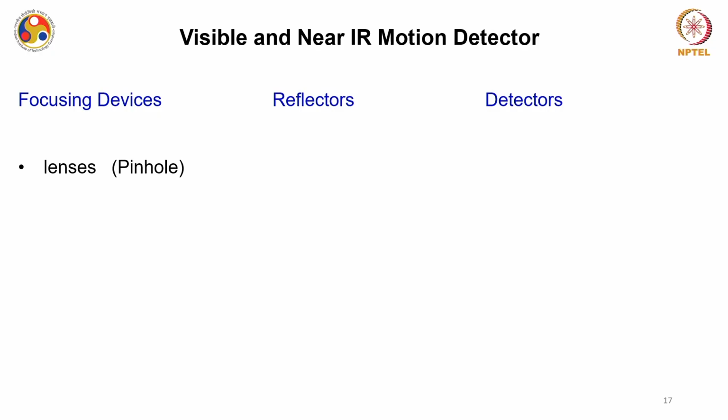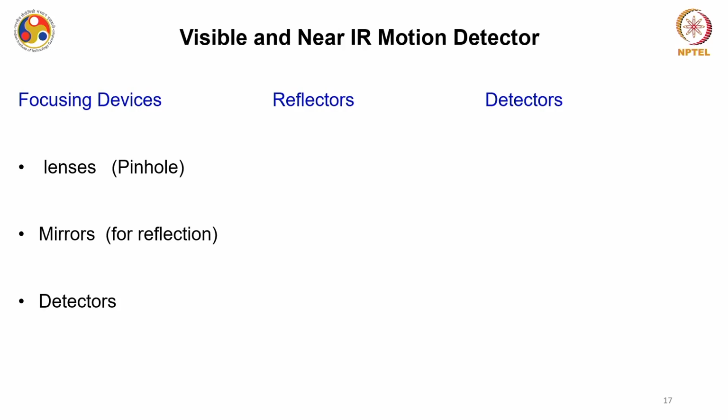The focusing devices in visible and near IR motion detectors are mostly lenses, usually pinhole lenses. Then for reflection, since we are dealing with visible and near IR, you do not need electromagnetic lenses or electromagnetic deviations for this light. A simple mirror arrangement can act as a reflector, and then you have a photo detector, simply an opto detector.